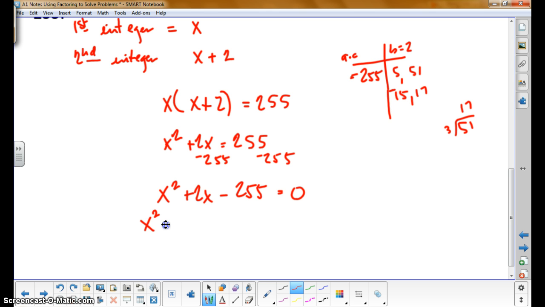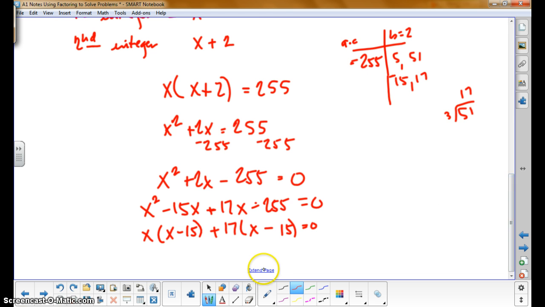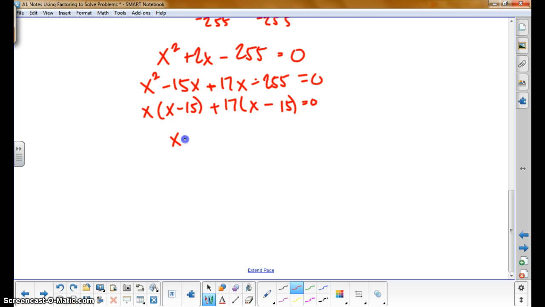So x squared minus 15x plus 17x minus 255 is equal to 0. So x minus 15 times x plus 17 is equal to 0. So our two factors are x plus 17 and x minus 15.